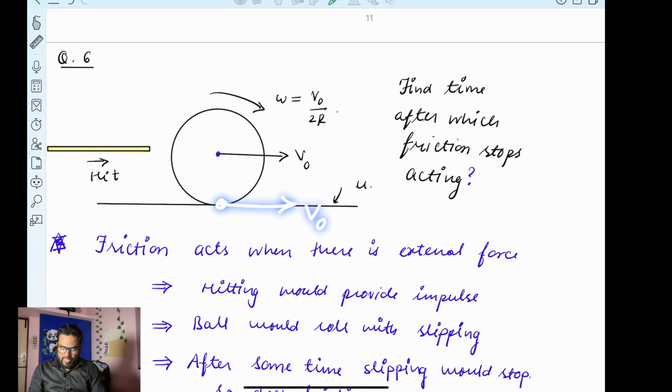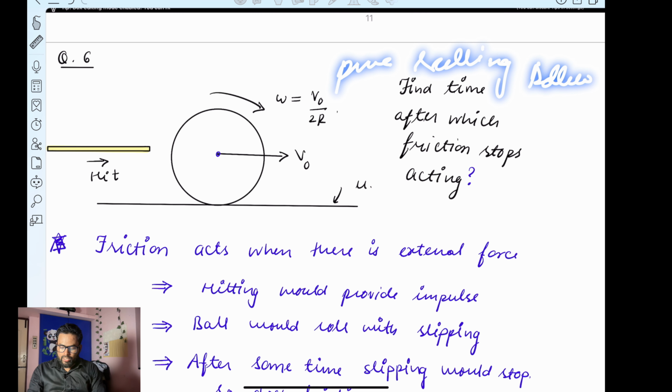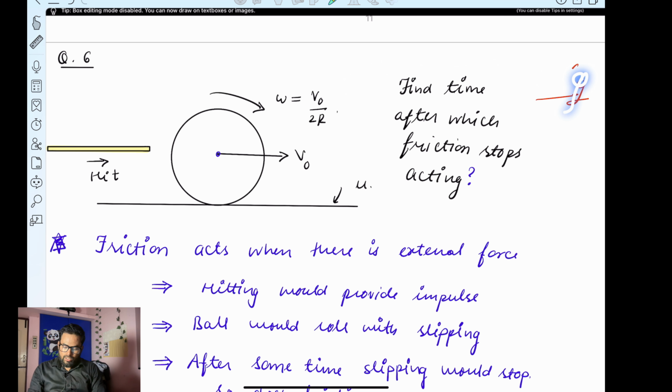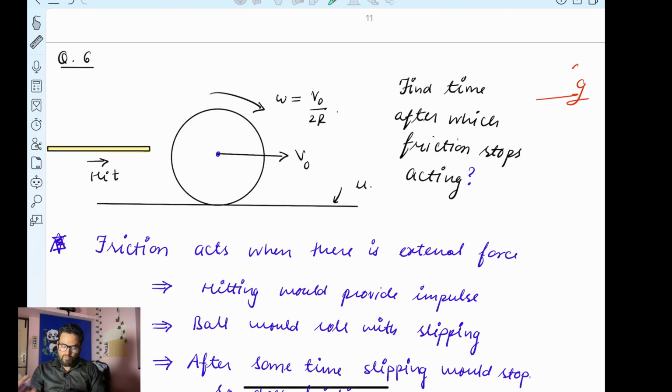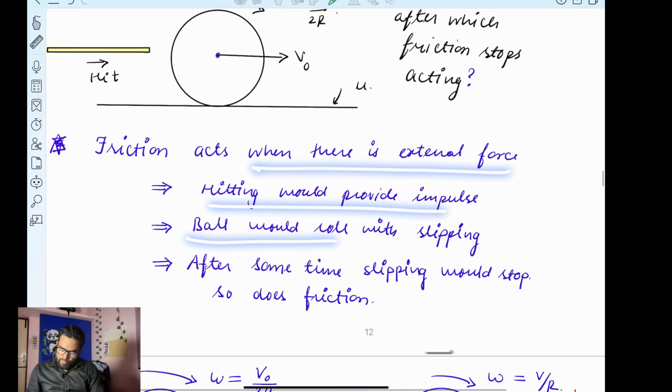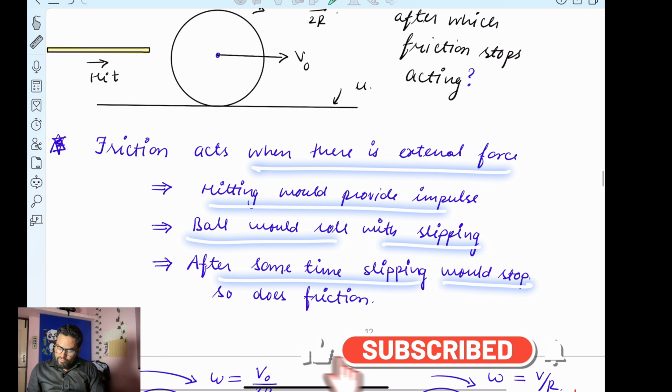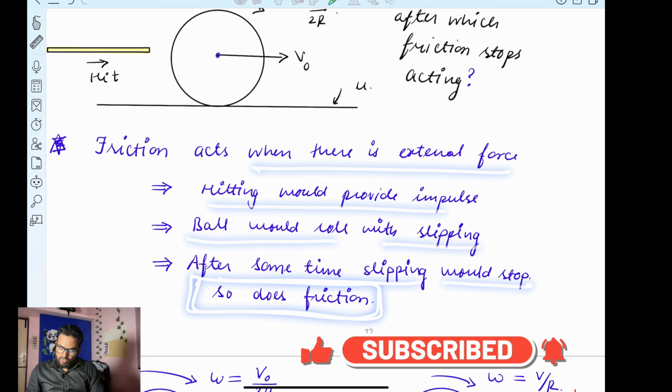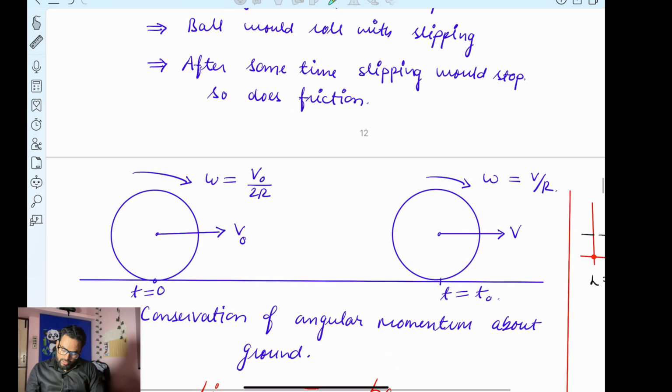Initially it is slipping, v naught forward and v naught by 2 backward, so there would be friction. But the moment it starts pure rolling, friction would vanish. So we actually need the time after which it starts pure rolling. Hitting provides an impulse, the ball would roll without slipping after some time, slipping would stop, and so would friction. Let's see how.